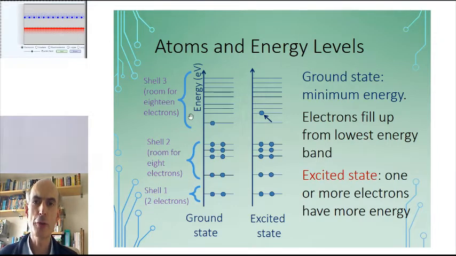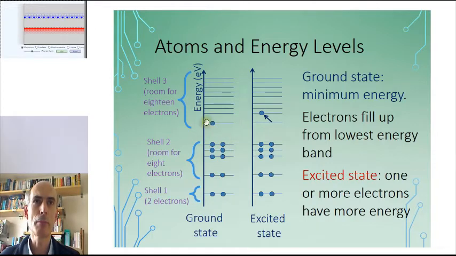I'm sure you'll all have come across the periodic table before. You can think about the groups and the periods in the periodic table in terms of which is the lowest energy shell which has an electron in it, which is occupied in the ground state, and how many electrons there are in that outermost shell.